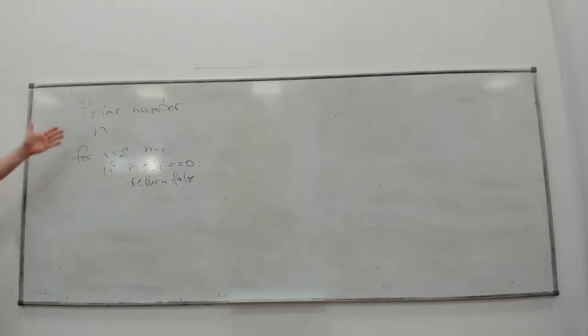Okay, any ideas on how we can improve this algorithm? If you don't know yet, it can appear very tricky. Suppose that n is divisible by something, then it can be represented as a multiplication of two different integers.